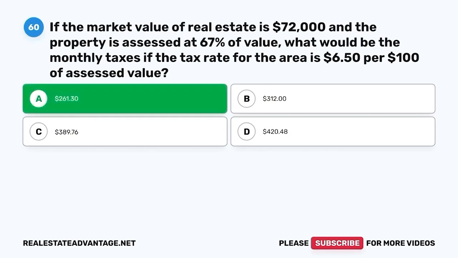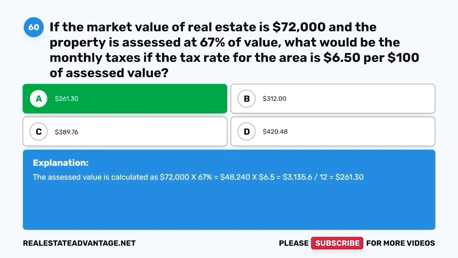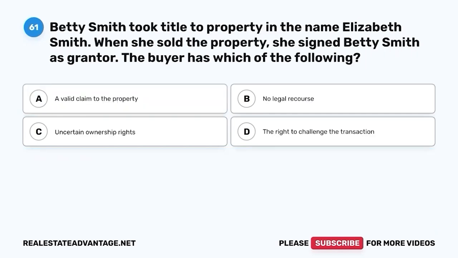The correct answer is A. $261.30. The assessed value is calculated as $72,000 times 67% equals $48,240. $482.40 times $6.5 equals $3,135.6 divided by 12 equals $261.30.